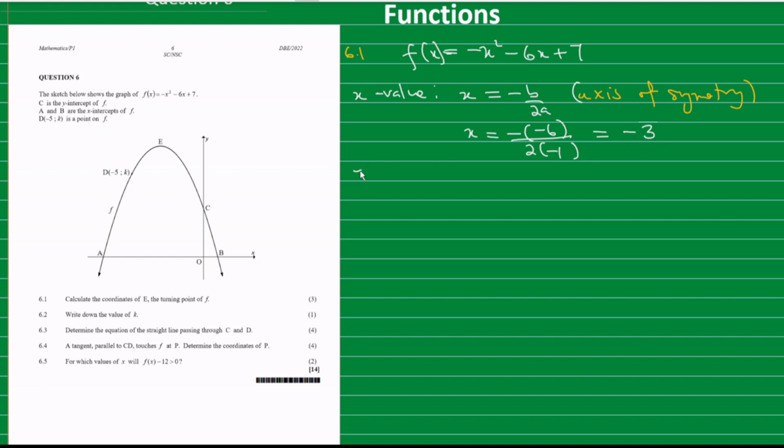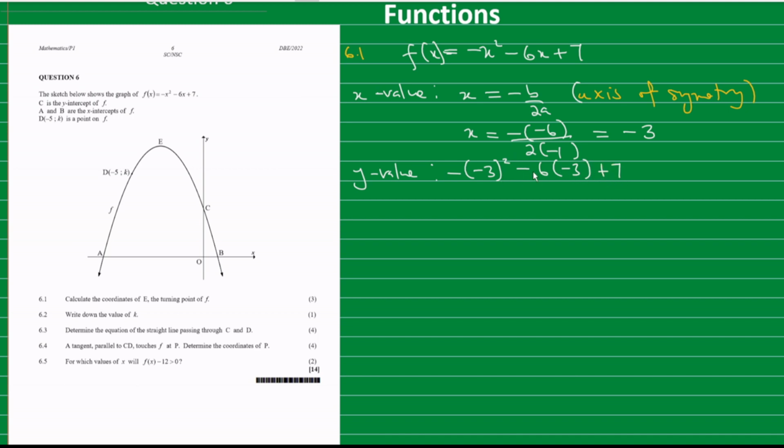Now we need to find the y value of the turning point. We substitute this value into the original equation. So we have negative negative 3 squared minus 6 times negative 3 plus 7.